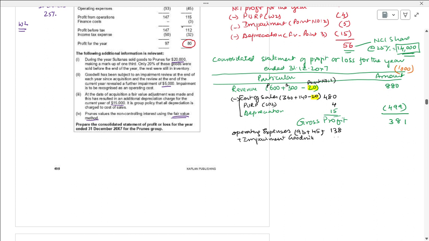So 138 plus 5 is 143. 381 minus 143 gives 238. This is called profit from operations.